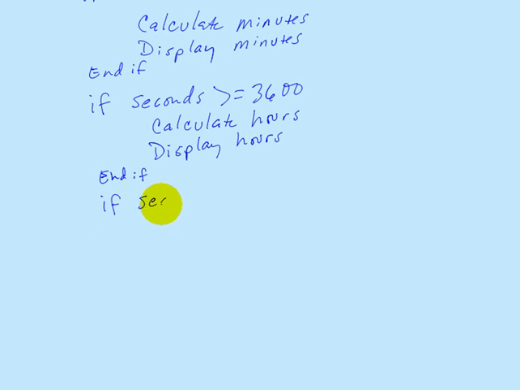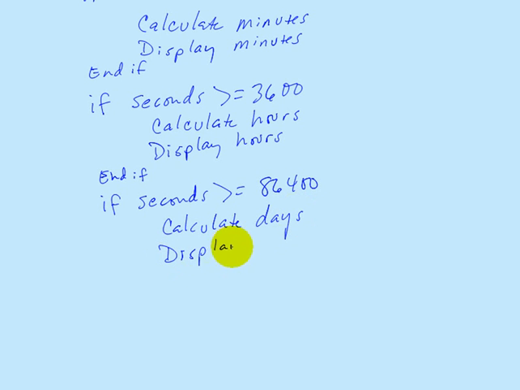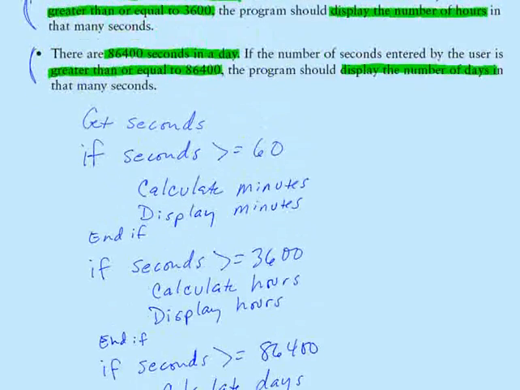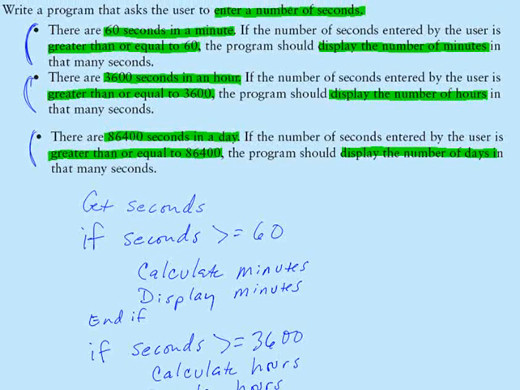If seconds greater than or equal to 86,400, calculate the number of days and display the number of days. And that's the end of the if statement. So that should take care of all of the requirements of the programming problem.